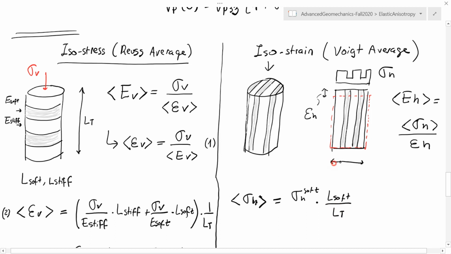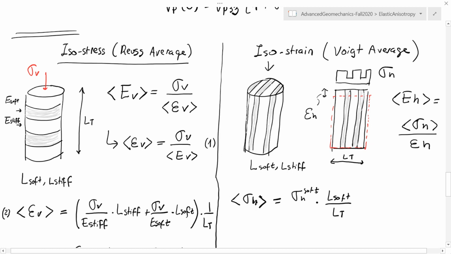Now I have LT, which is measured in this direction, and L soft and L stiff correspond to the lengths also in the direction of LT. So by the definition of a linear volume average, I'm just writing the equation.